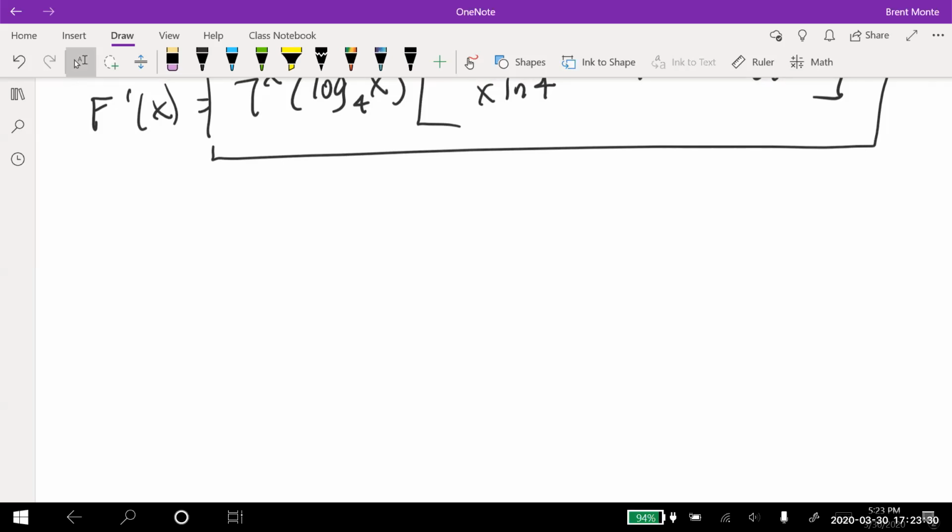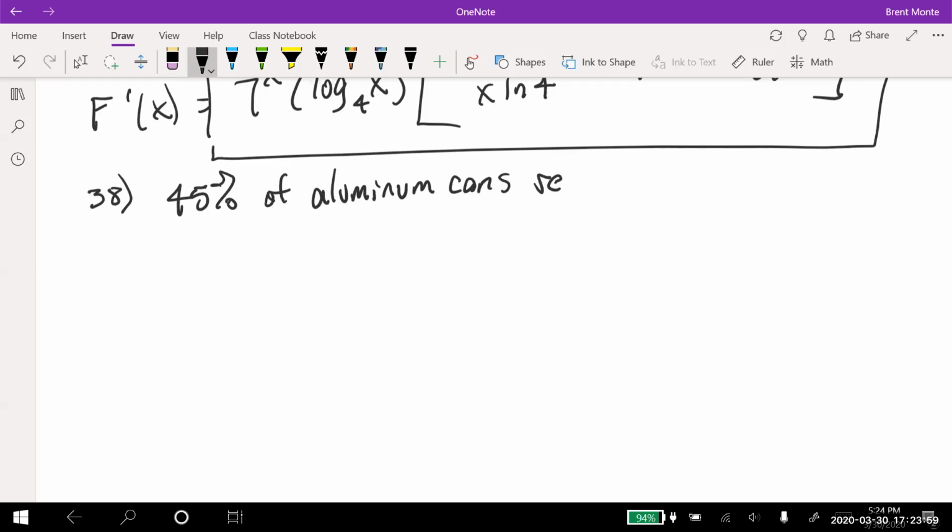I've picked out 2 application problems to do. The first one is problem 38. It's called recycling aluminum cans. And it says this. It is known that 45% of all aluminum cans distributed are recycled each year. Here, let's even write that down. 45% of aluminum cans recycled each year.